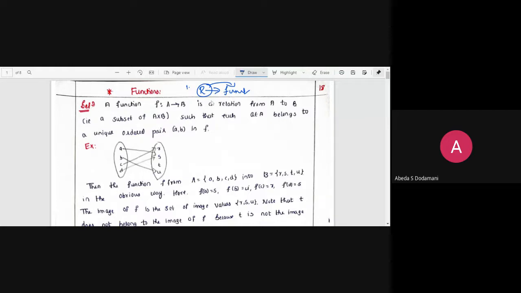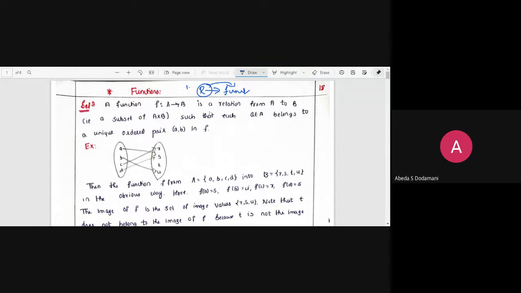So basically a function is nothing but a relation. A relation is possible within a set, and it is also from set to set. We take the Cartesian product, and either you may take the whole Cartesian product or a subset of it, and that will be called a relation, which we have studied.